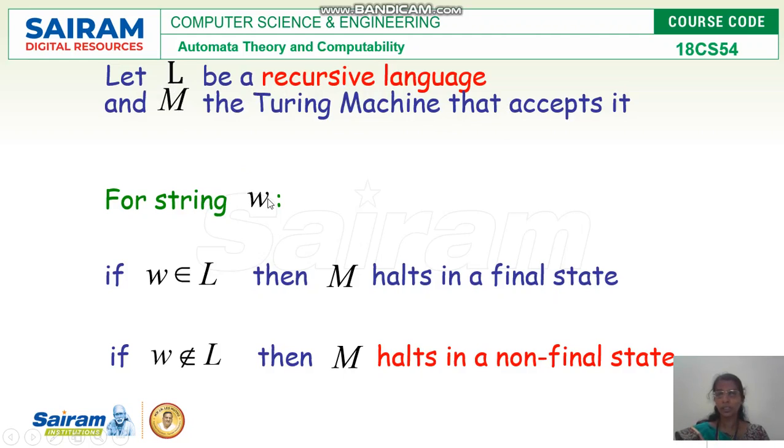For a string W, if W belongs to L, my Turing machine halts in a final state. If W does not belong to L, it halts in a non-final state. In both cases, the machine will halt. It won't enter into an infinite loop in which language? Recursive language. Thank you, students.